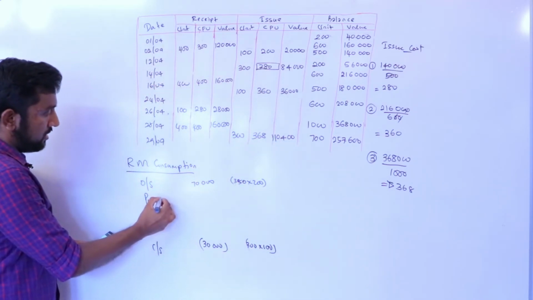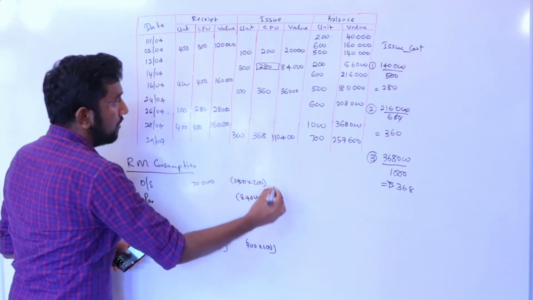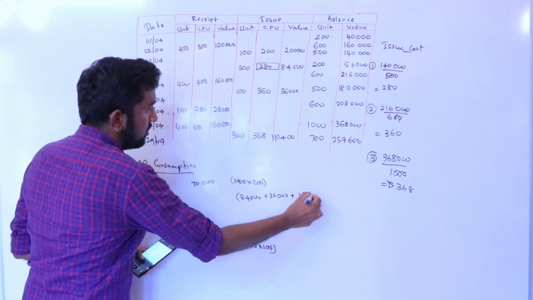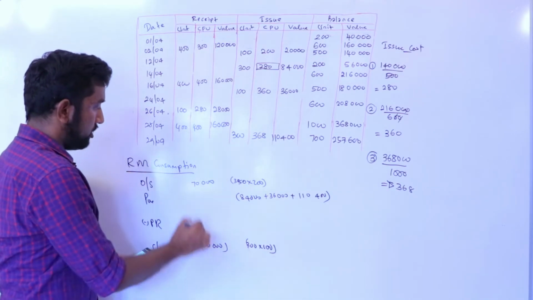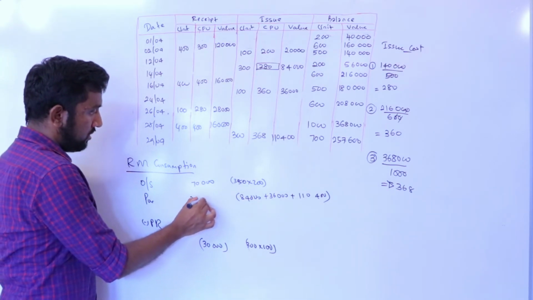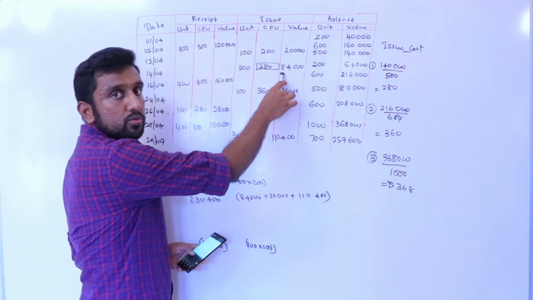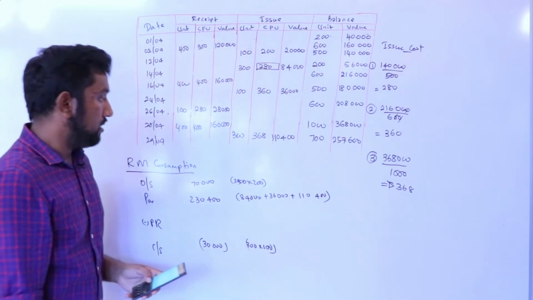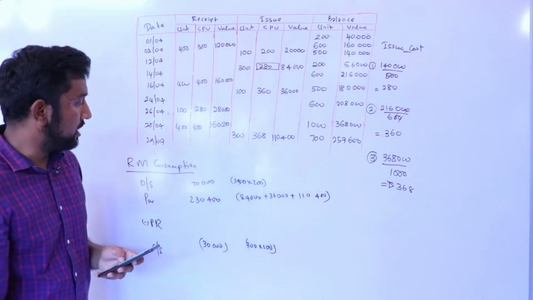So purchase is 84,000 plus 36 plus 110. 84,000 first issue, then 36, so 120, then 110 makes 230,400. That is my purchase.